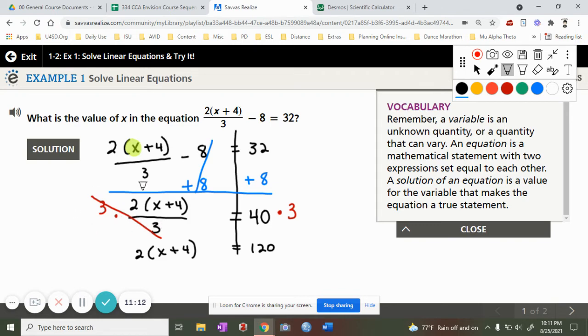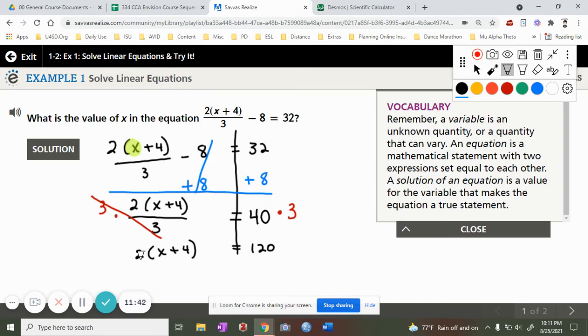Okay? Now, some of you might see a different way to solve this. You might say, okay, so I've got this 40 over here, so I know all of this has to be 40. So what number am I going to divide by 3 to get 40? And you might be able to reason through and identify the 120. And that's fine. Okay? And lastly, we have 2 options here.